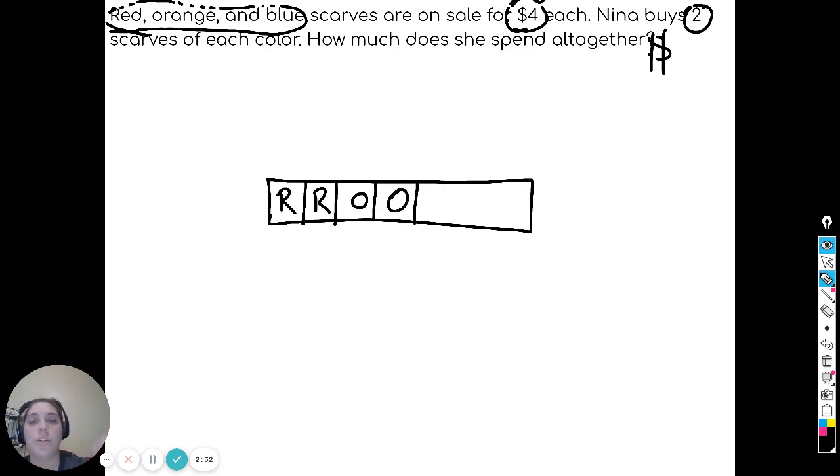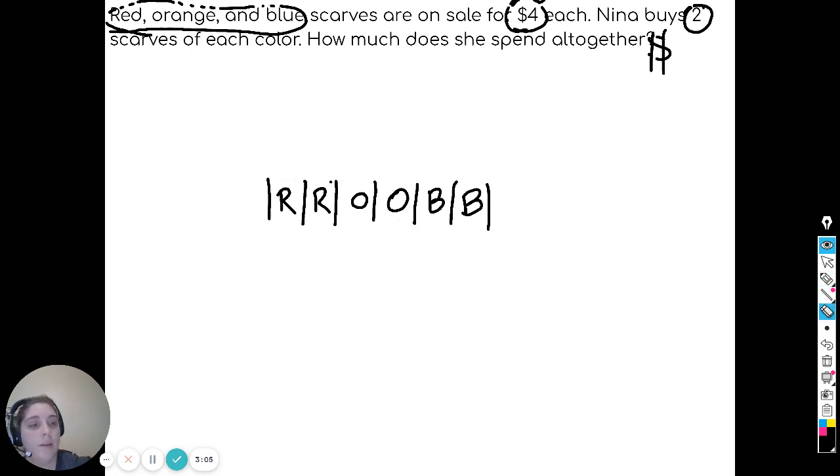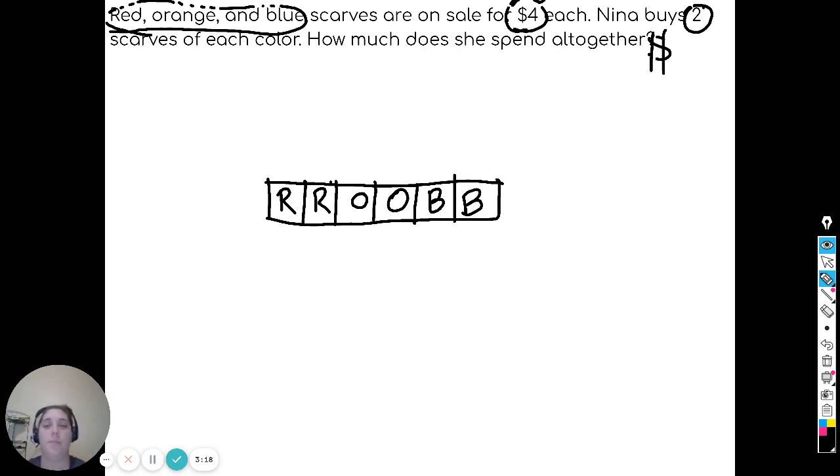There's 2 orange scarves. And there's 2 blue scarves. I made mine a little big. So 2 orange, 2 red, 2 blue.